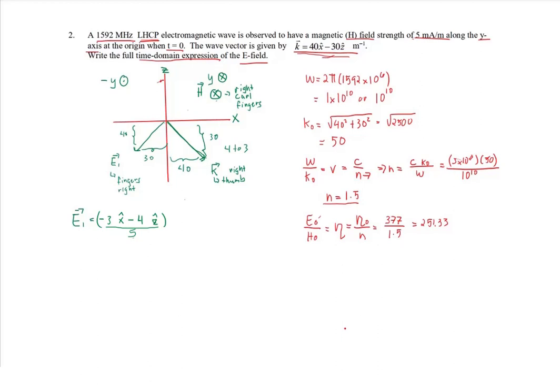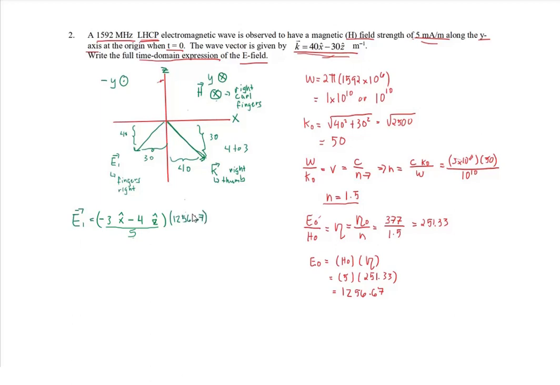E naught is just the magnitude of H, which is 5 milliamps per meter, times eta, which is 5 times 251.33. That comes out as 1256.67.